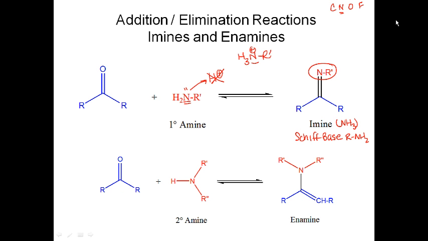If I react amines, primary or secondary amines, I get addition followed by elimination. If it's a primary amine, I just simply replace the carbonyl oxygen with the NR group. If it's a secondary amine, I actually form the double bond to the alpha carbon that's attached to the carbonyl. That's an enamine. Otherwise, I form a Schiff base.